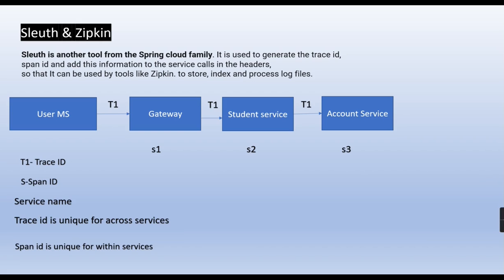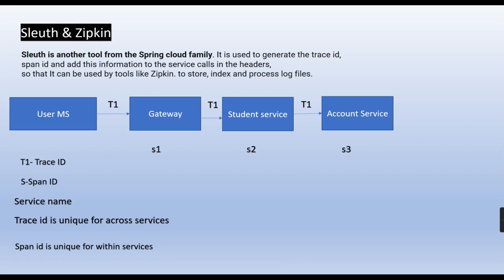Here, if we are using Sleuth, it will create one trace ID, and the trace ID would be unique for all the services. Because the user microservice is trying to hit a student service, it will form a trace ID for the user microservice, the gateway, and the student service.